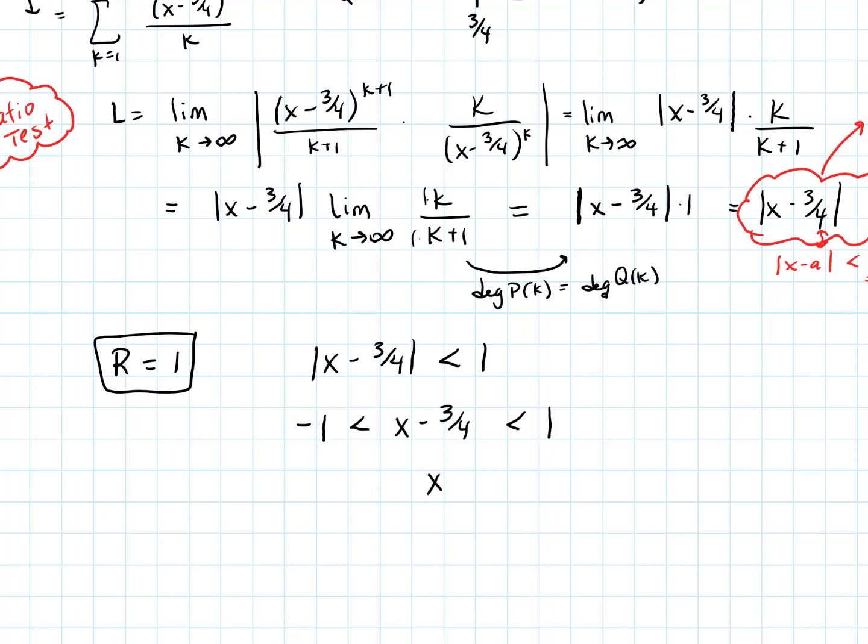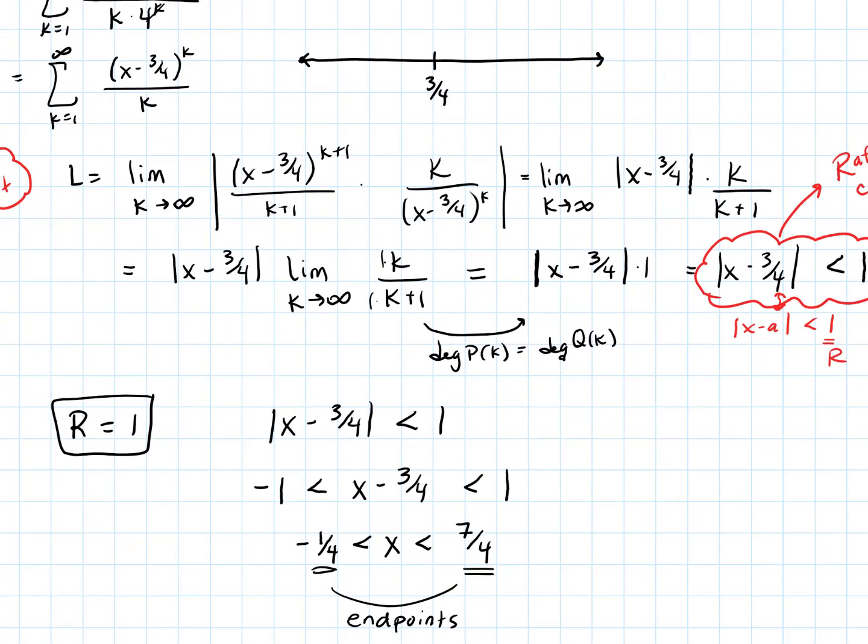So x is less than 7/4, adding 3/4 to both sides, and greater than -1/4. Those are my two endpoints that I'm going to have to test.